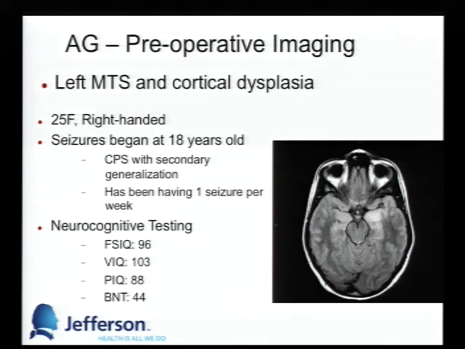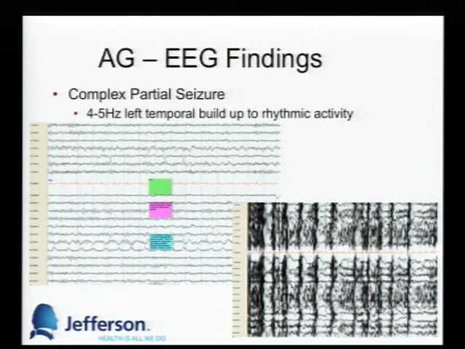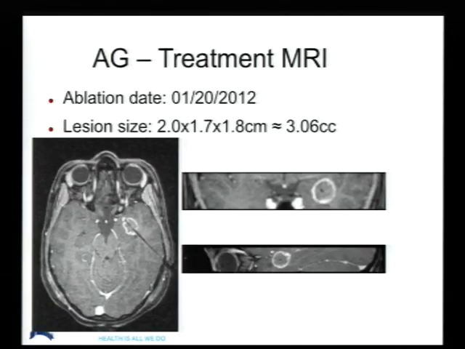But we felt that if you could spare her an anterior temporal lobectomy, she would have a better neuropsychological outcome. And she had your normal 4 to 5 hertz rhythmic activity. Now, I didn't filter out the artifact from the blinking and the chewing, but she had your normal, classic epilepsy. And to try to get a little bit of the dysplasia zone and the head of the hippocampus, we chose a very lateral approach.